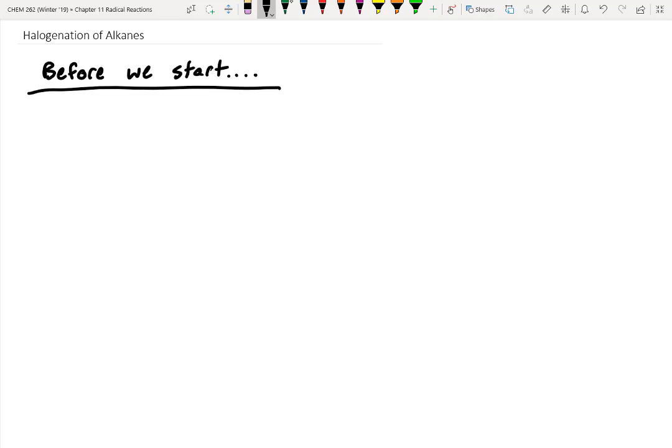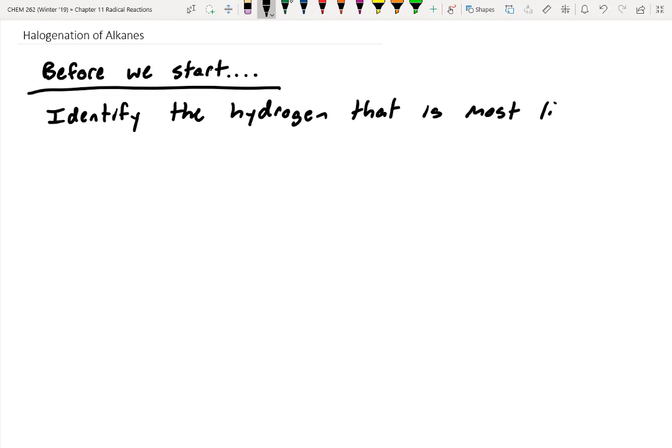So before we start, let's do the following. Identify the hydrogen that is most likely to be abstracted. And I'll give you an example here.